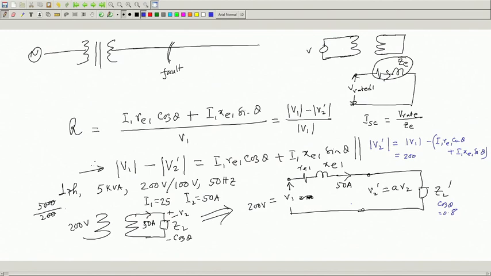Then you will be able to calculate V 2 dashed, and then I want to know what is V 2. So, I can easily calculate V 2, how much it will be, from V 2 dashed I will divide and get it.